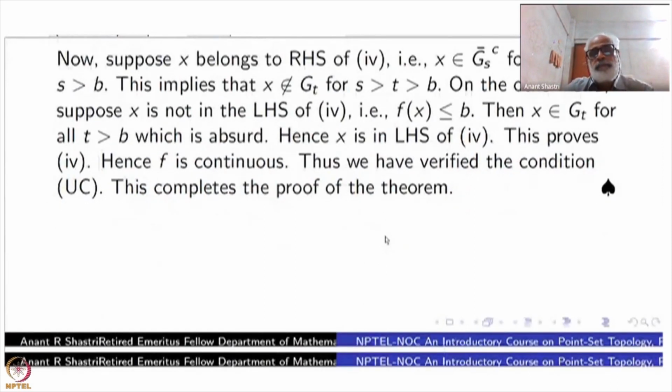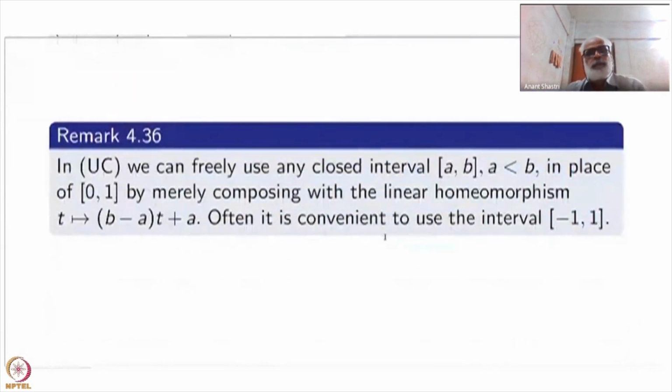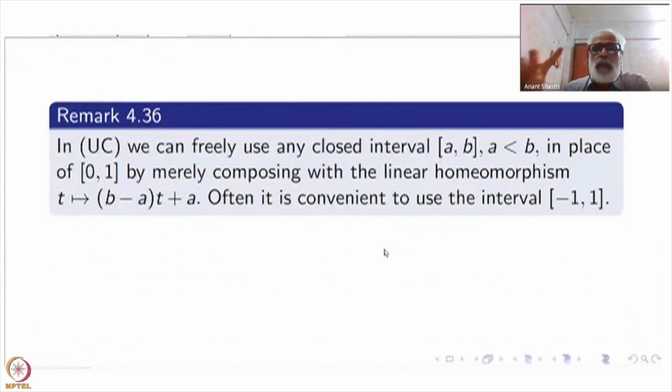Okay? So I made some remarks here. In UC, I have already done this one. I will repeat it. We can freely use any closed interval AB, A less than B, in place of 0, 1 by merely composing with the linear homeomorphism T going to (B minus A) times T plus A. Often it is convenient to use the interval minus 1 to plus 1 instead of 0, 1.